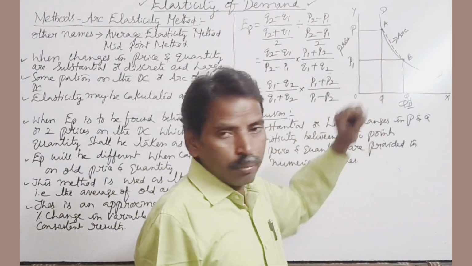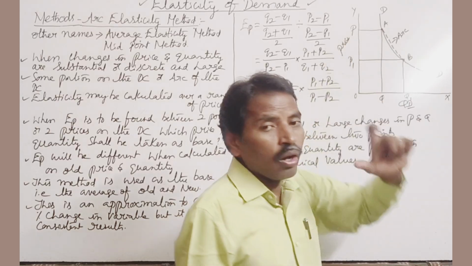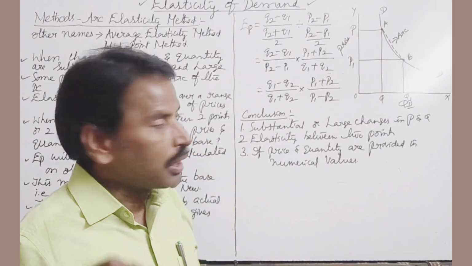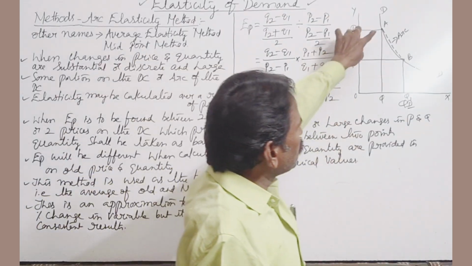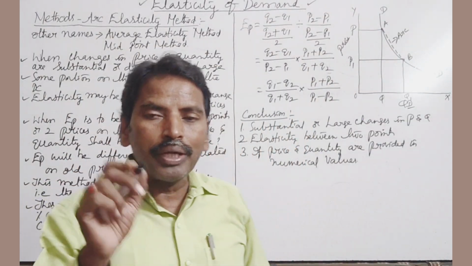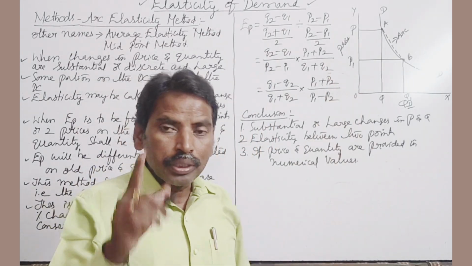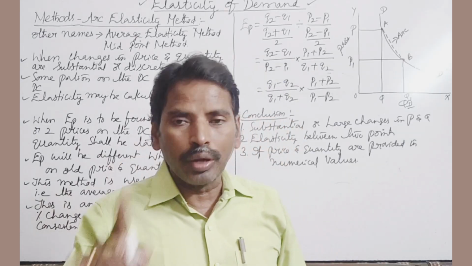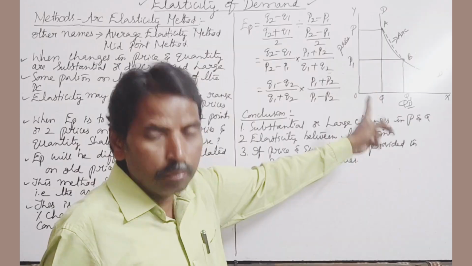The broken line from A to B is the arc of the demand curve. So between A and B, between two prices, two quantities, two points, the arc method is applied.